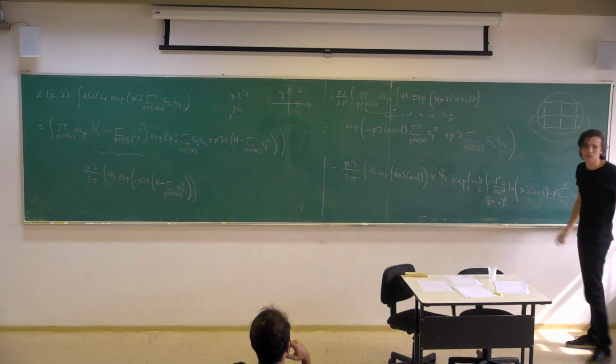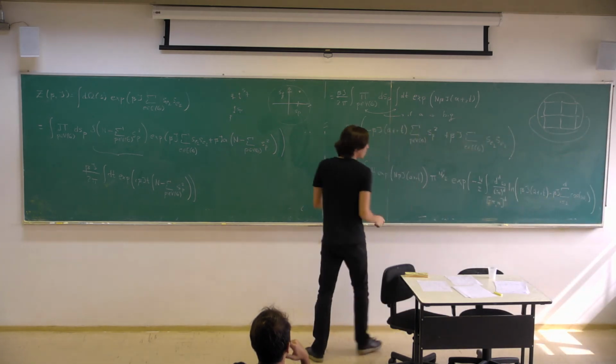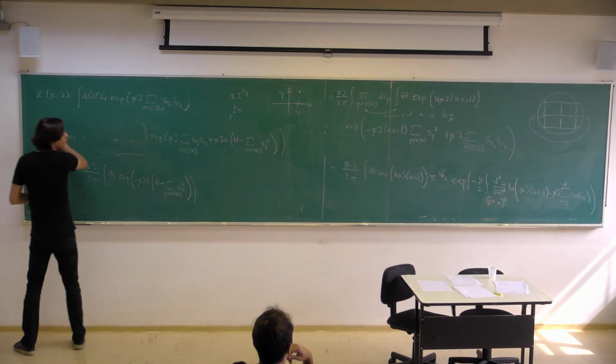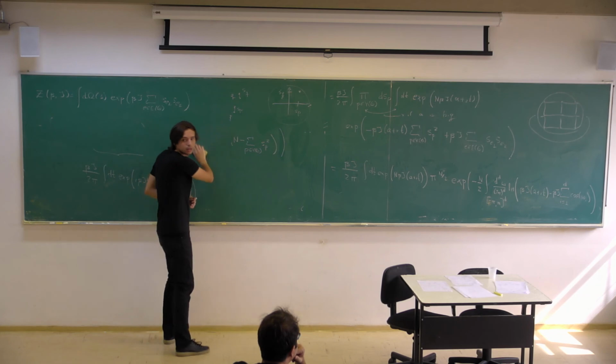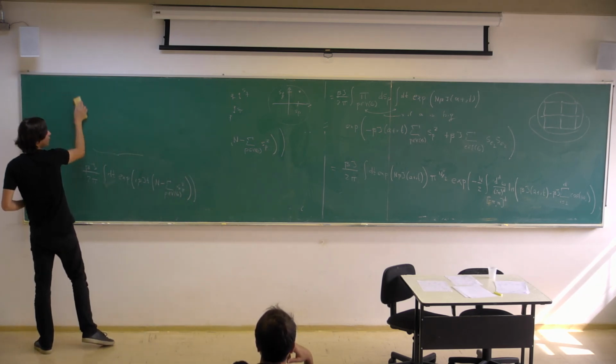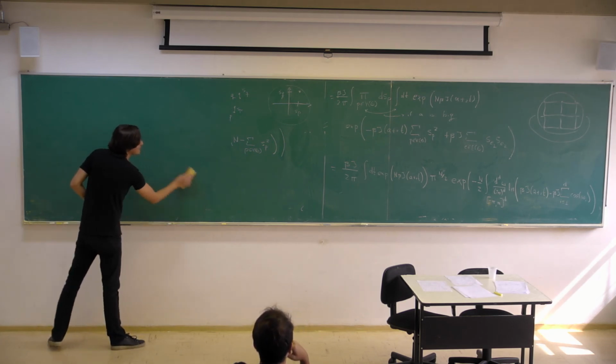Those are the coordinates. So that's my lattice, right? So once I have that, are there any questions at this point? I'm going a little bit quick because there are a lot of things. I'm already on page 8 of my notes. It's okay if there are questions.